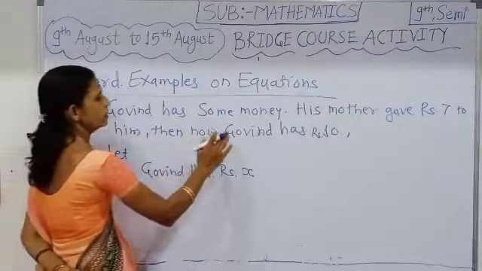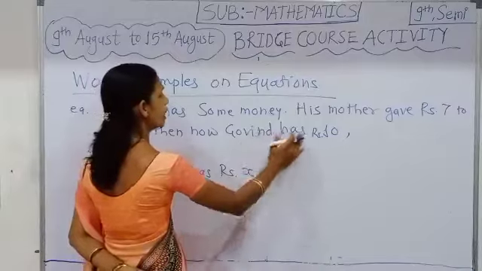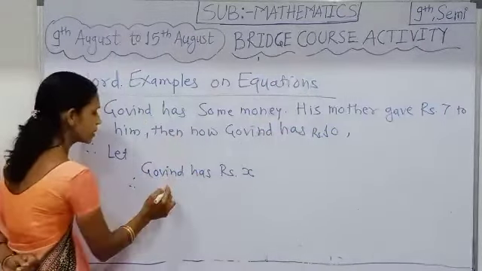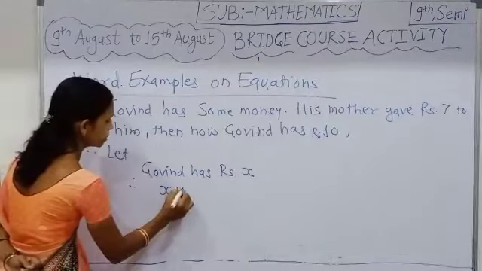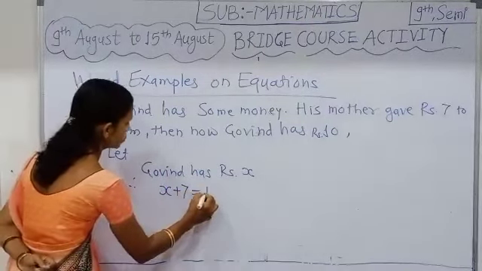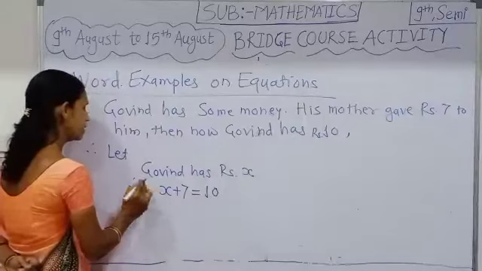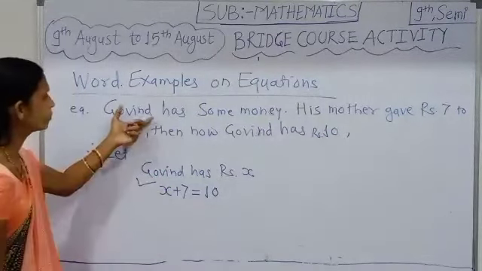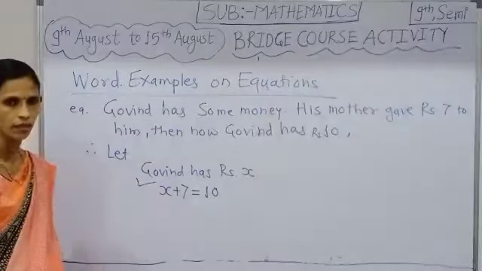Then now Govind has rupees 10. Therefore, by the given condition, we can write x plus 7 is equal to 10. That is the equation which is obtained from that word example.